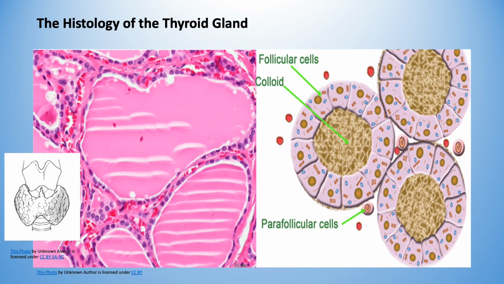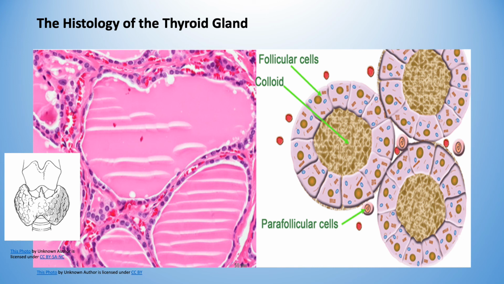Histology of the thyroid gland. You need to recognize the follicle structure, where you will see follicles surrounded by the follicular cells, purplish cells. It's labeled on the right. And between the follicles, you will see the pinkish cells we call parafollicular cells. Notice there are two types of cells you need to recognize, follicular cells and parafollicular cells. Follicular cells produce T3 and T4, parafollicular cells produce calcitonin.